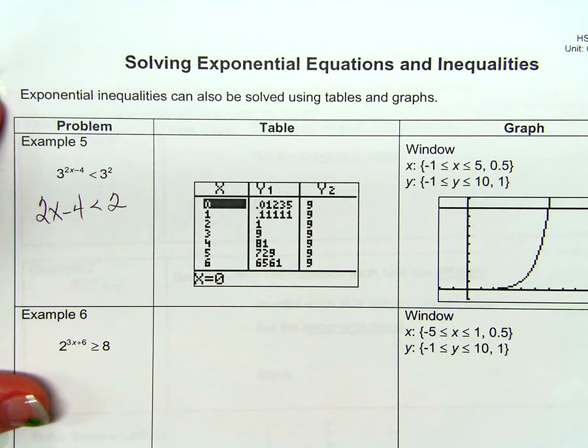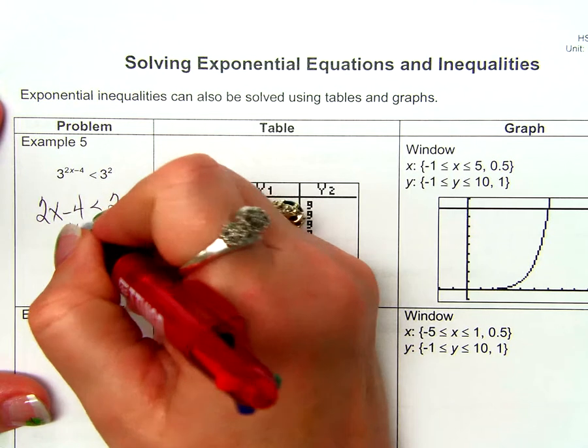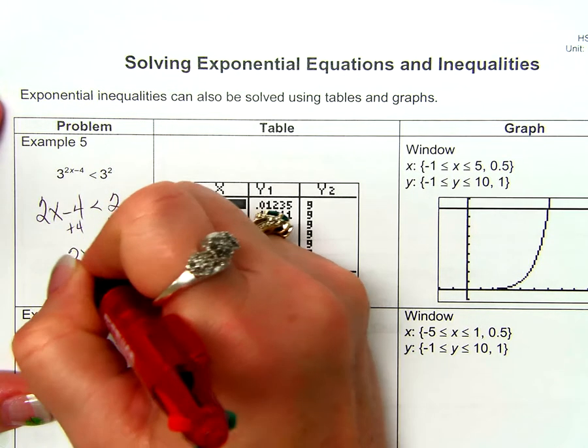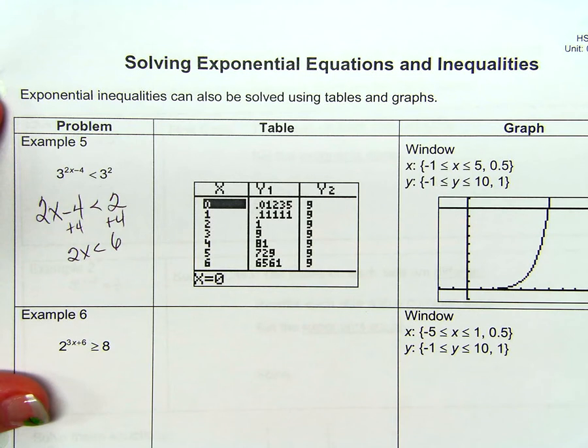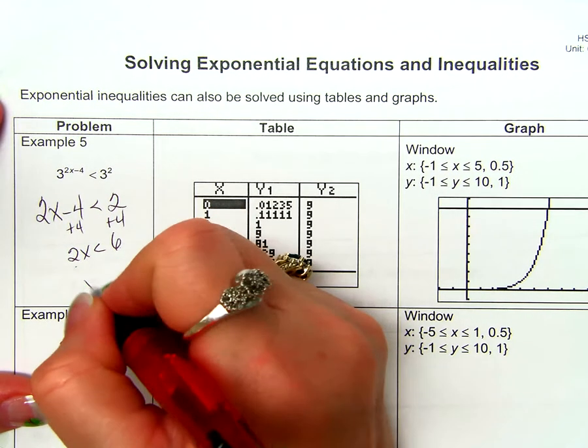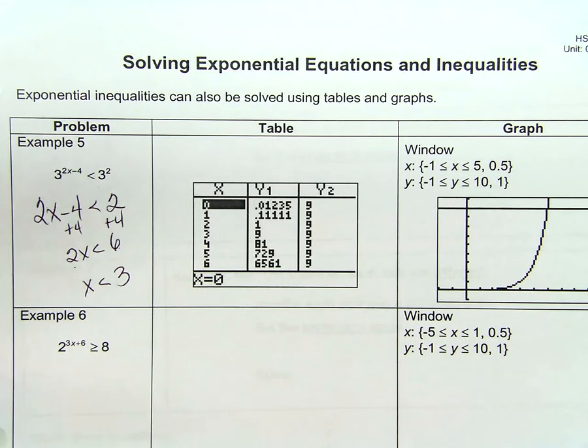Right? That's how we solve that? You can erase that if you want. So I would add 4 to both sides and get 2x is less than 6. Not 8, right? Not 8. And then divide both sides by 2 to get x is less than 3.